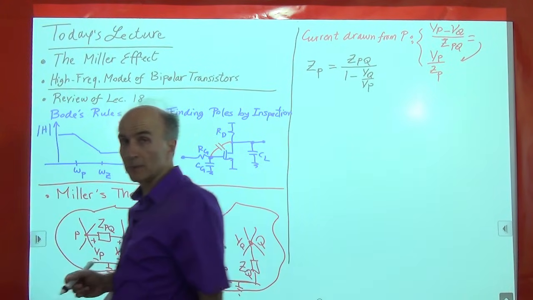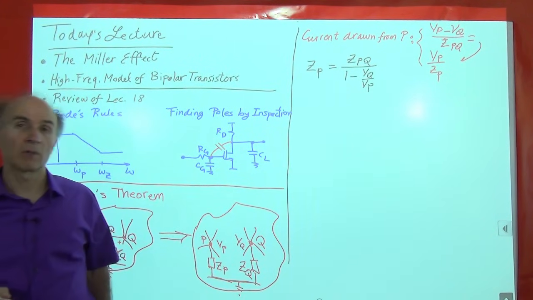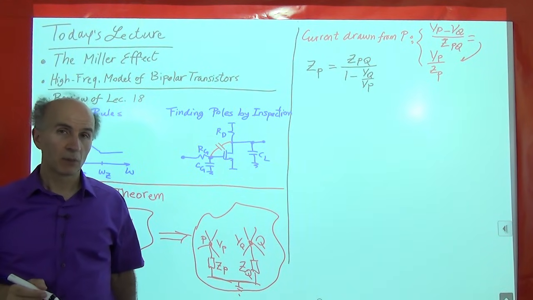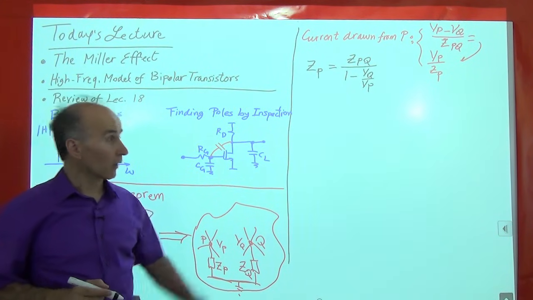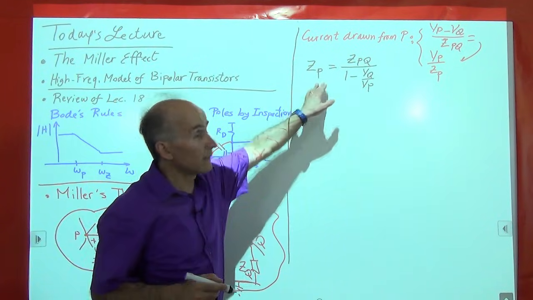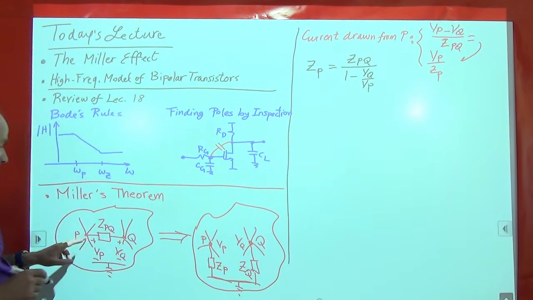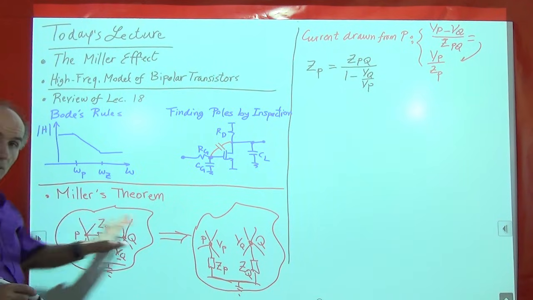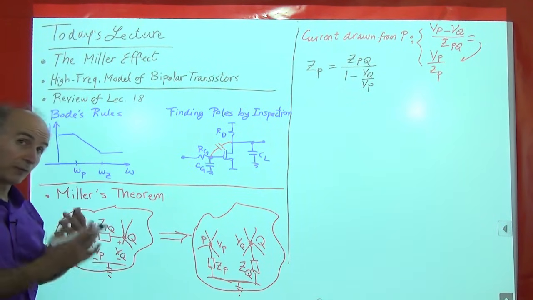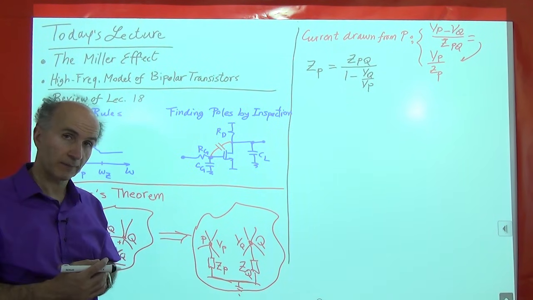That's the amount of impedance that we have connected from node P to 0, which we call ZP. So if we choose that impedance like this, then the current that flows this way is the same as the current that flows this way. So these parts of the circuit don't feel that we have made a change.